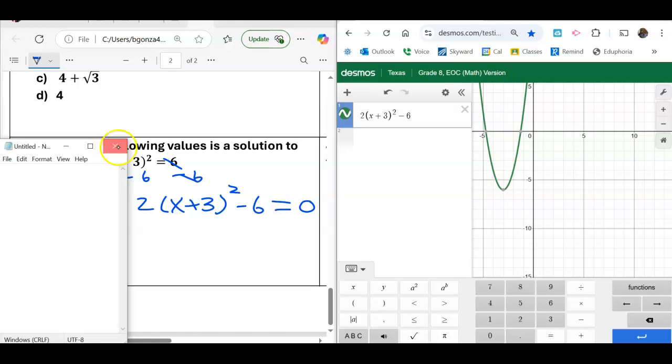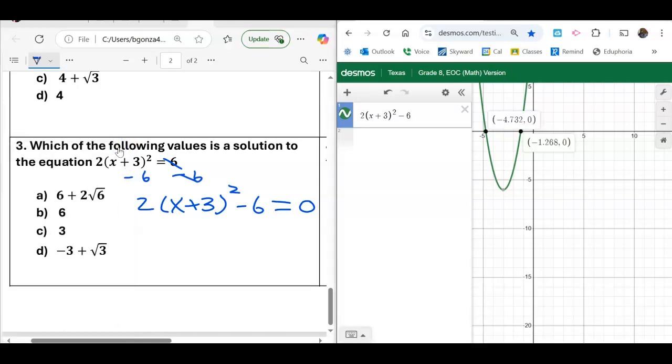Now watch this. When I click these solutions, it's not a whole number, right? So if I look at my answer choices, the whole numbers are definitely wrong. I mean, I typed it incorrectly, as I can tell, right? So it can't be positive 6. There's no positive 6. It can't be positive 3. So check it out. Sometimes your answers are going to be in square root form.